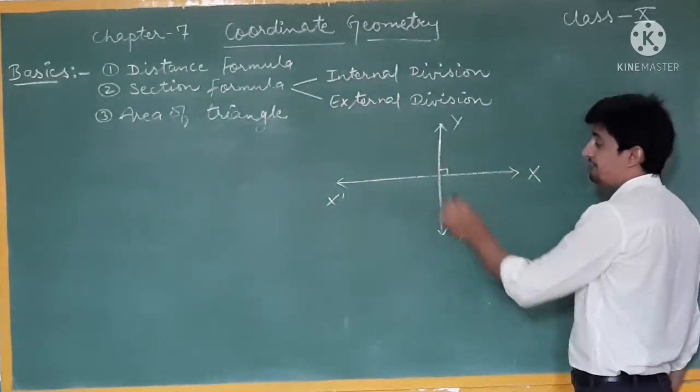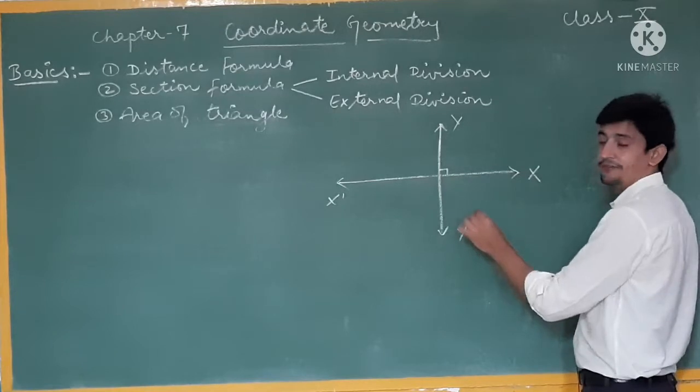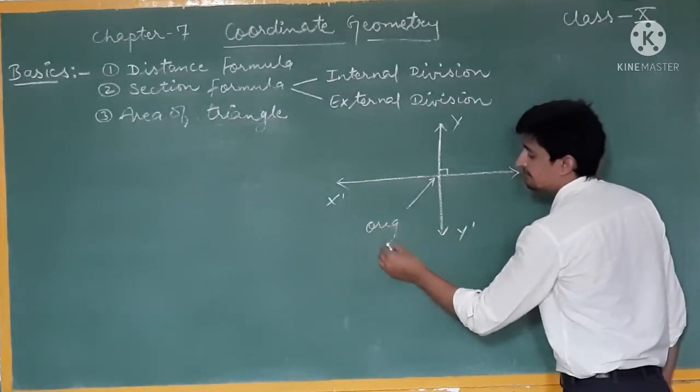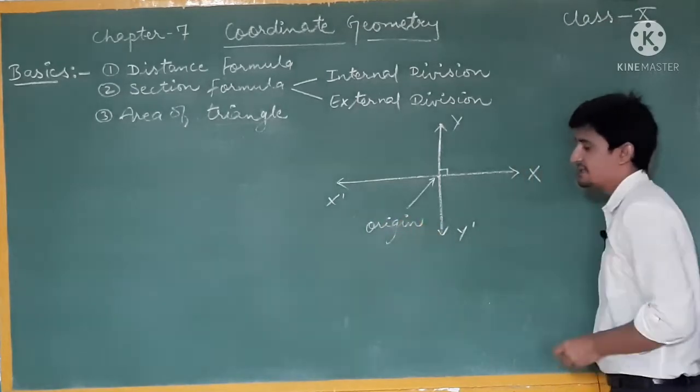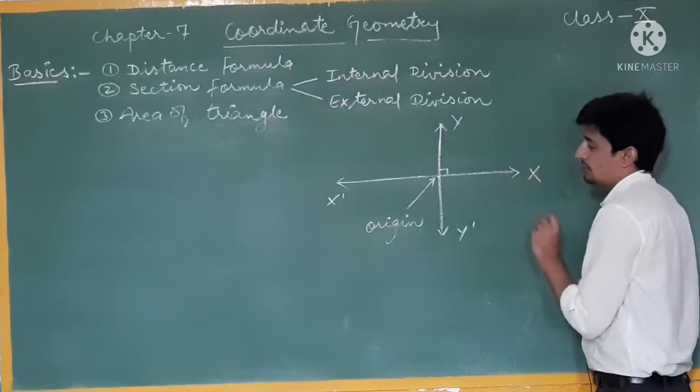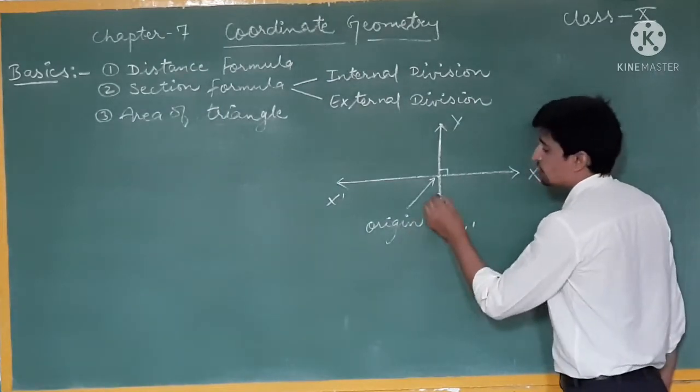Where both the axes meet, that is known as the origin, and the coordinates of the origin will be 0, 0.